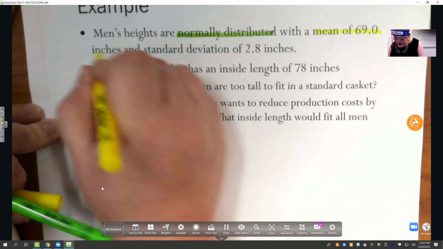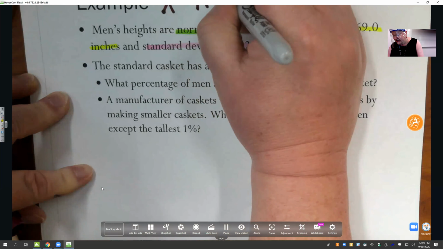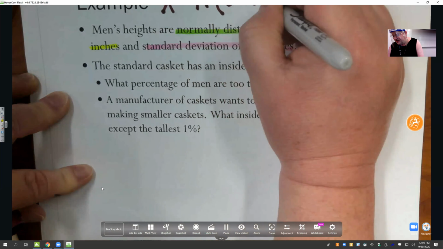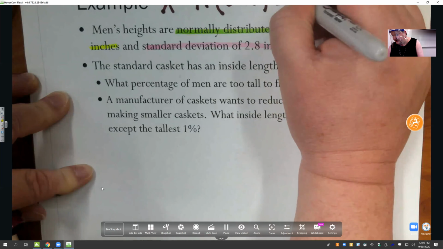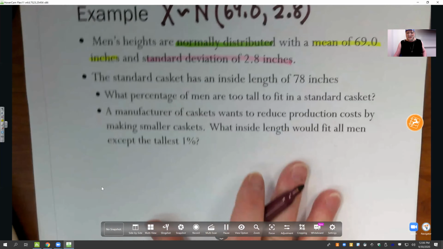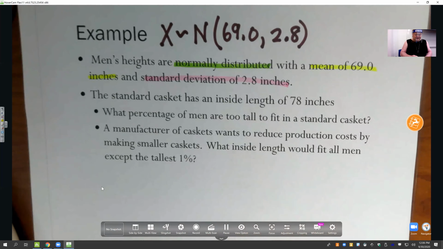Okay, so we have all of the information we need. Our variable, which is men's heights, is approximately normal with a mean of 69 inches and a standard deviation of 2.8. So I have all of the information that I need.